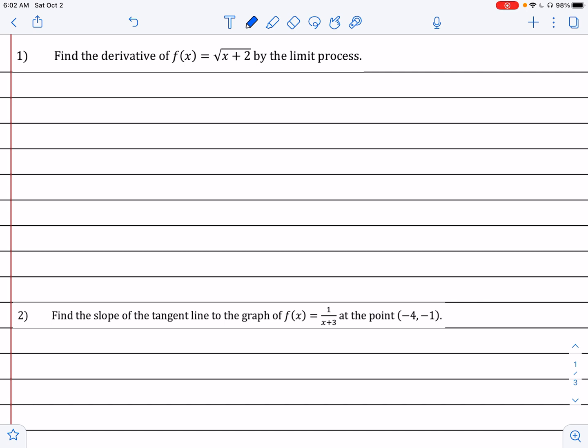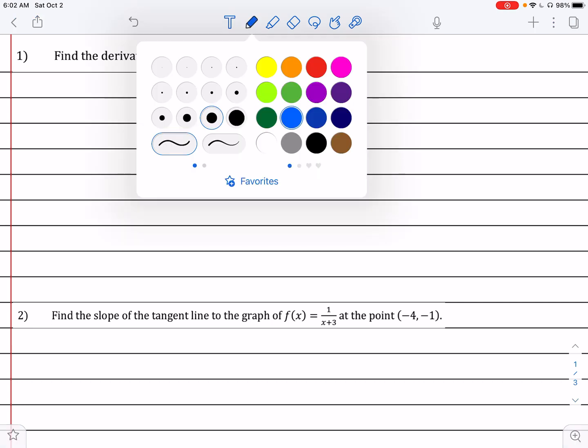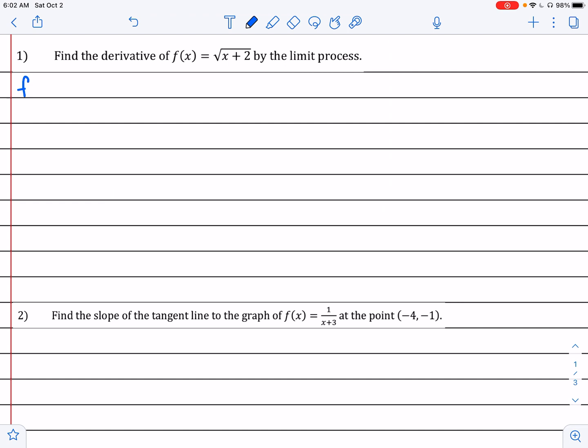So let's talk about the limit process. We're going to start with f prime of x equals, that's something you should have done a million times up until this point.